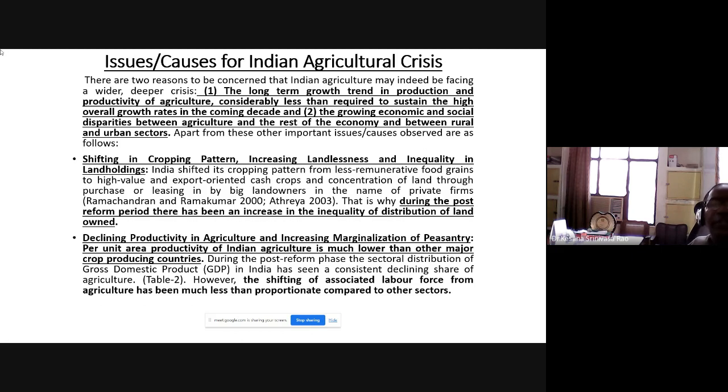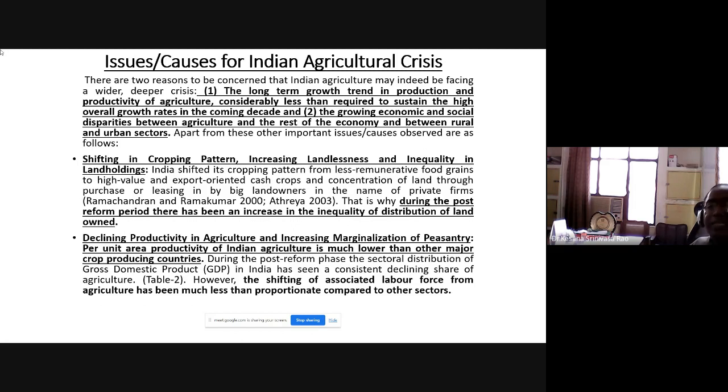Then shifting in cropping pattern, increasing landlessness and inequality in land holdings. This I have already told you, because wherever there are problems of irrigation or climatic conditions or rain, these are the influencing factors, and people can shift from one type of crop to another type of crop.